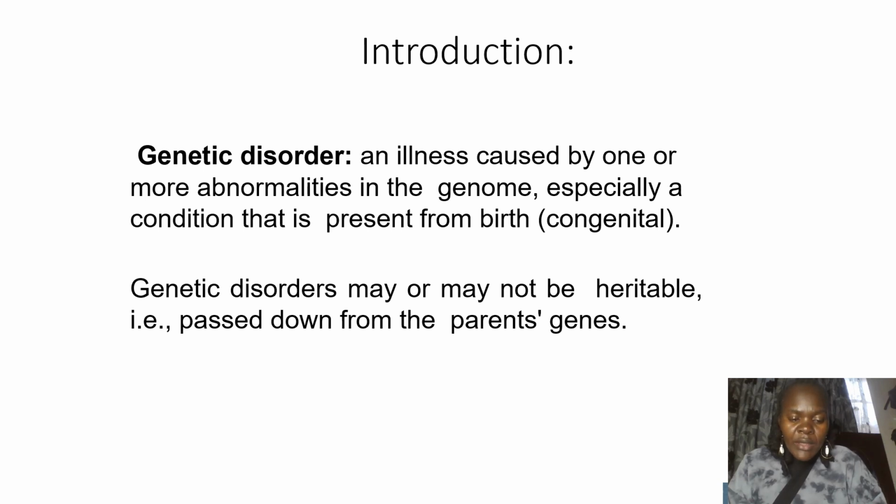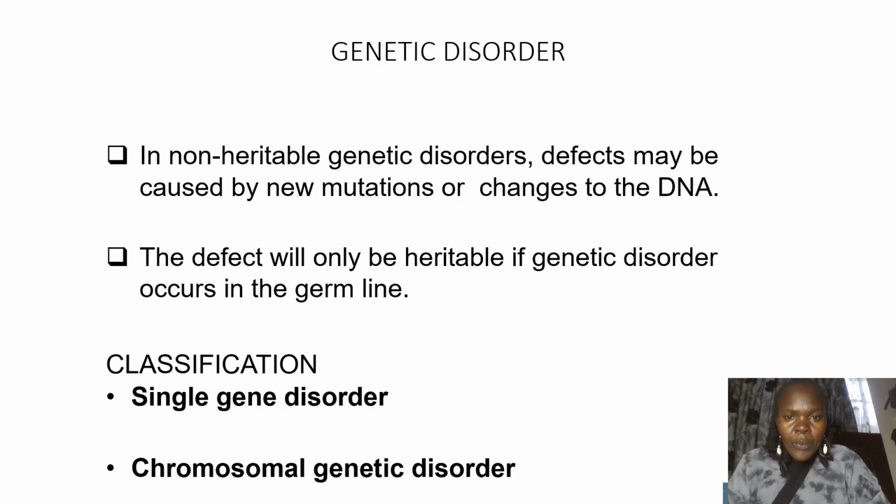When they are passed down from the parents to the offspring, then definitely we talk about them being heritable. The non-heritable ones are caused mostly by mutations at the DNA level.